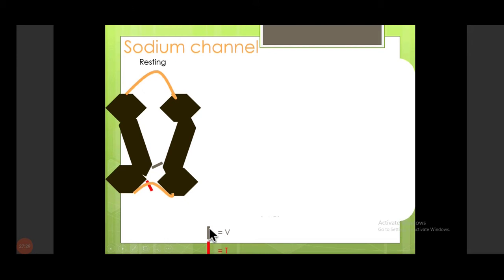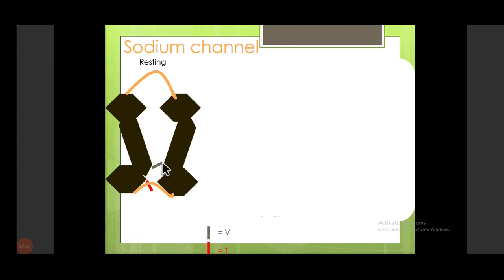Firstly, a gray colored one, which is the voltage gated. The red colored one is the time gated part of the voltage gated sodium channel. So basically, this is the resting state. Resting state is the one which precedes the activity. In this case, the time dependent gate is open. The voltage dependent gate is still closed.